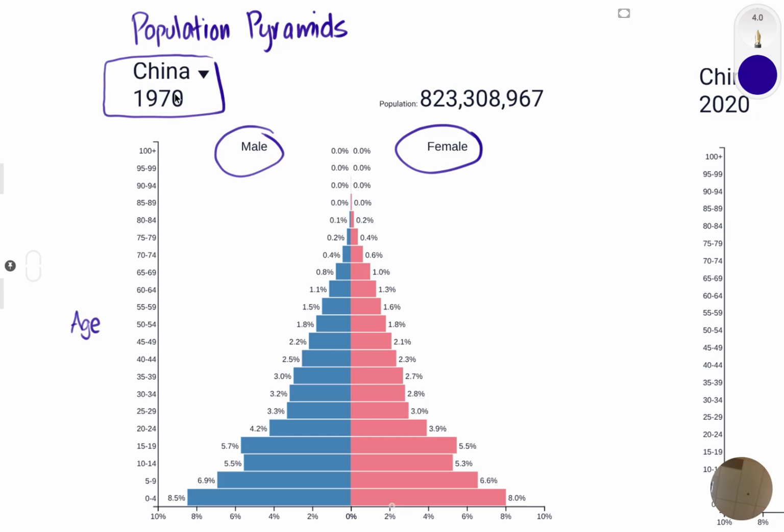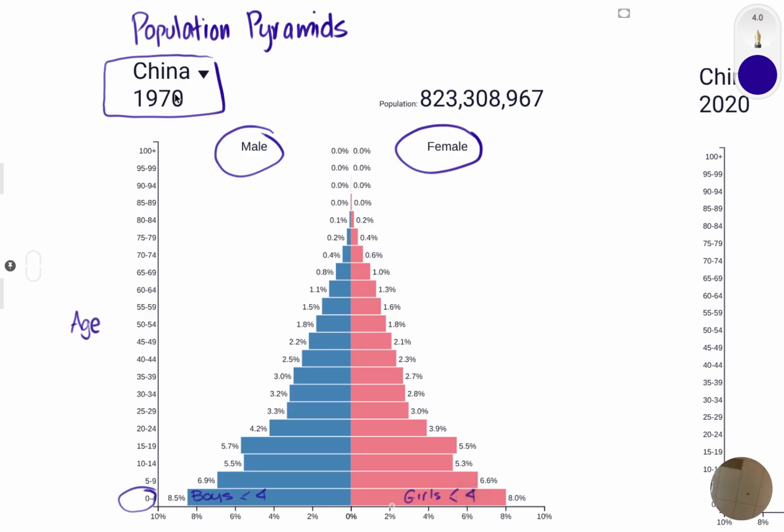So down here at the bottom, we have the 0 to 4 age group, and we can see that 8.5% of the entire population of China at this point was boys less than 4 years old. And at the same time, the girls, 8%, were girls less than 4 years old.